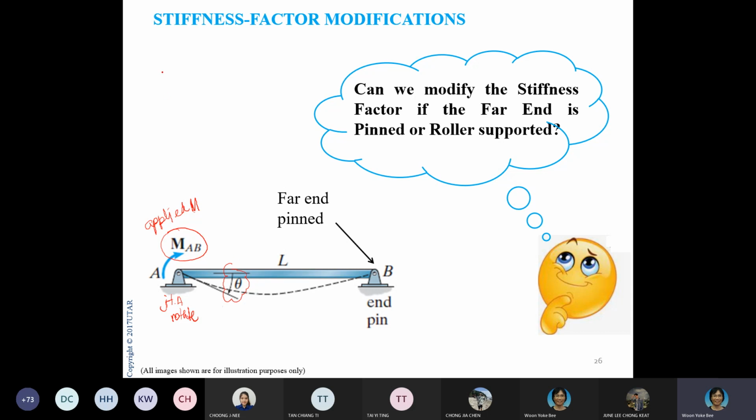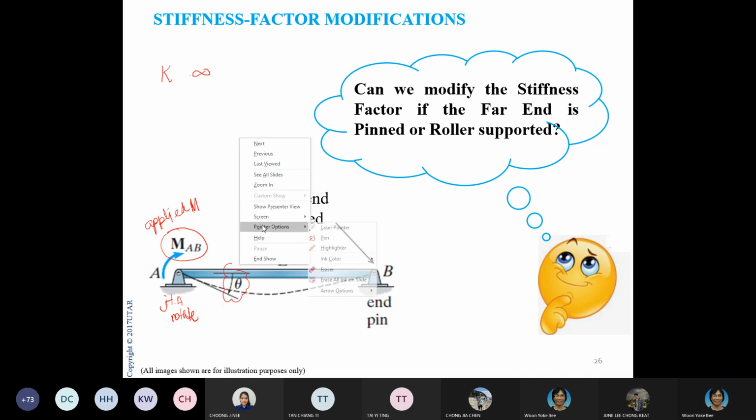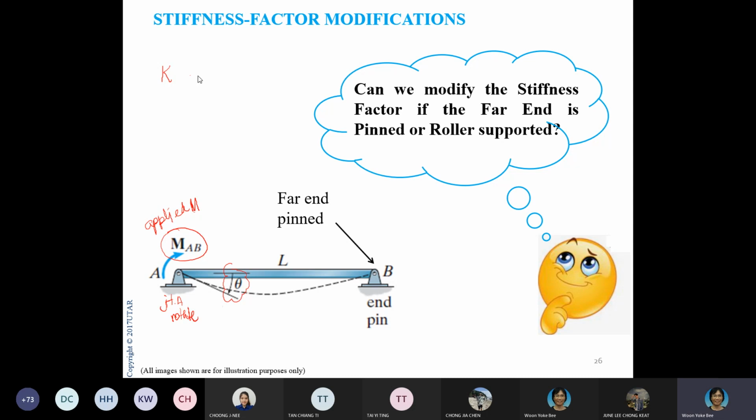We already established that stiffness is related to your rotation, remember? The amount of moment needed to rotate the beam or the joint by an amount of theta is what you call stiffness.